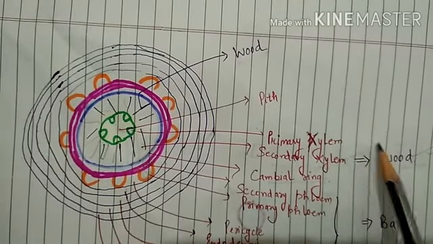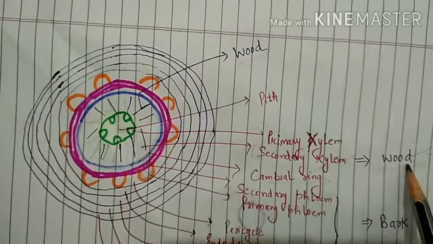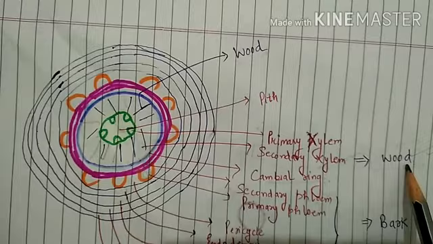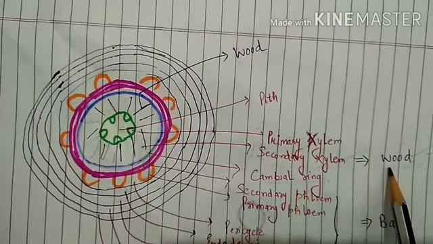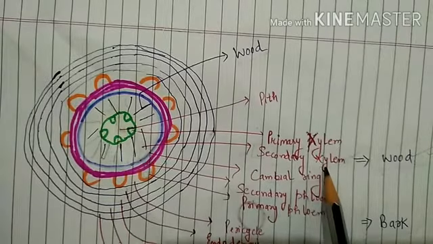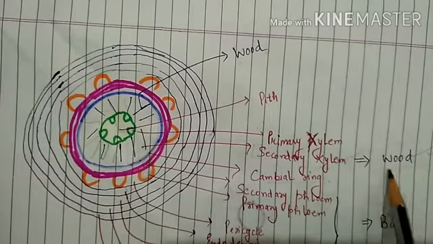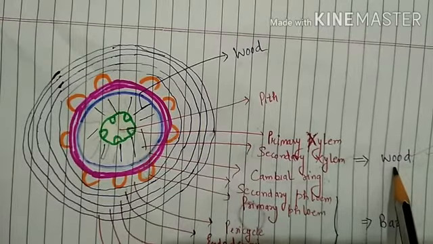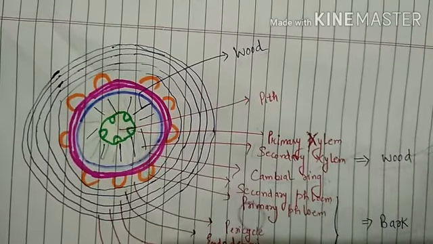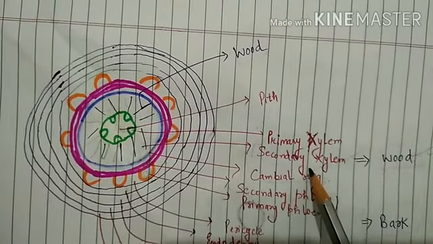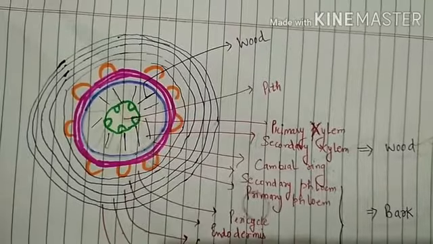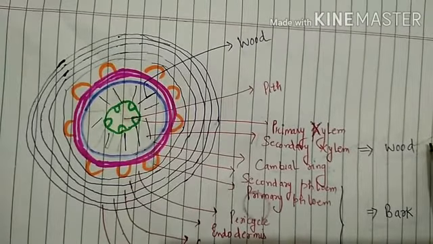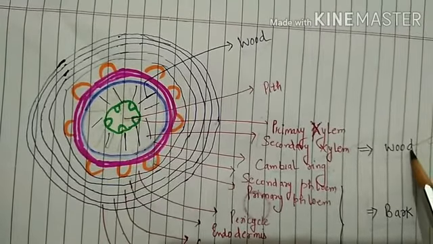Our major focus must be on how the formation of wood takes place in a plant. This wood is nothing but secondary xylem. So secondary xylem is basically commonly known as wood. Again I am repeating, wood is nothing but secondary xylem. The formation of this wood is not uniform in temperate regions.